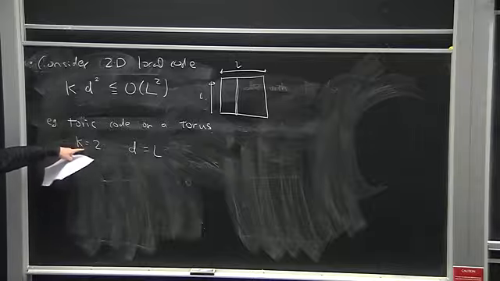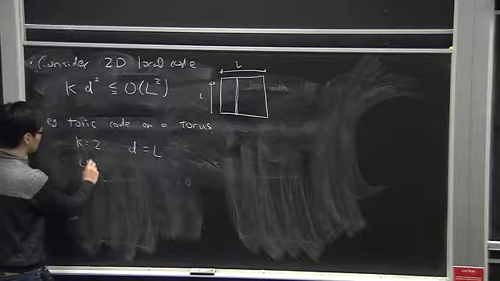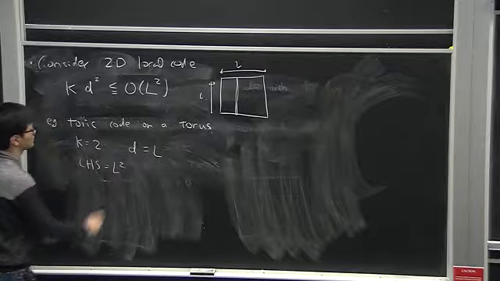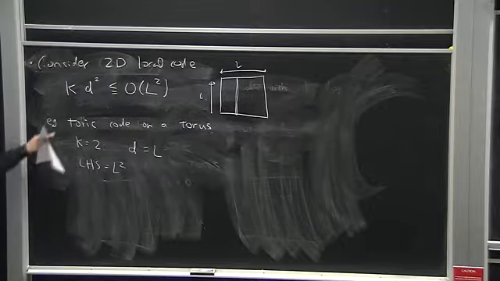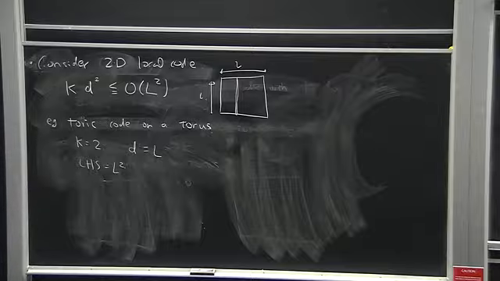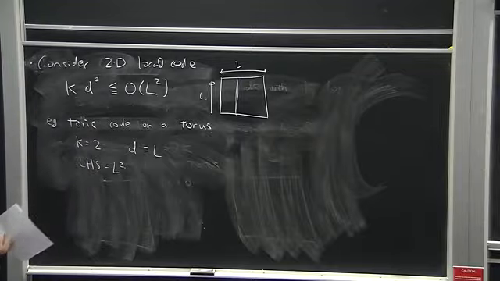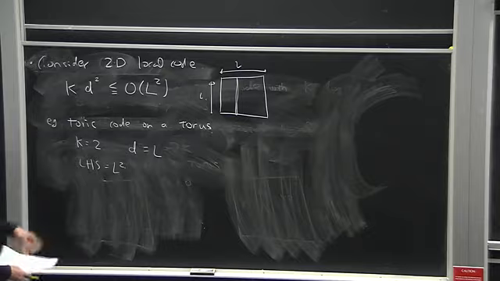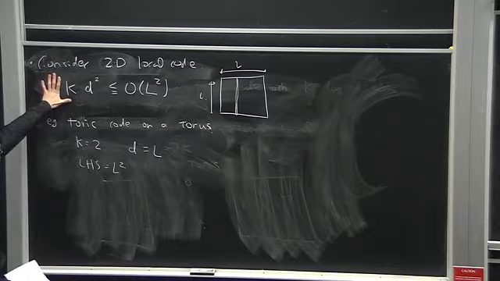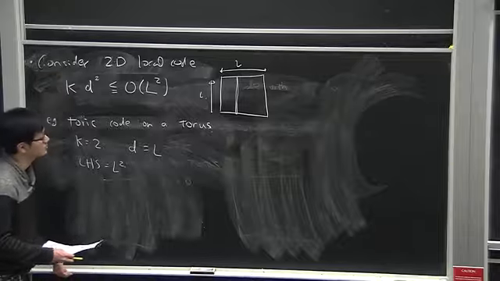So if I plug this into the left-hand side, you get L squared. So it's of course upper bounded by the L squared quantity. So it seems the toric code is saturating this bound. The point is that in this problem, you are allowed to design your stabilizer generators in any way you want, as long as they are local, but no matter how you design them, this bound should hold. This is the result.